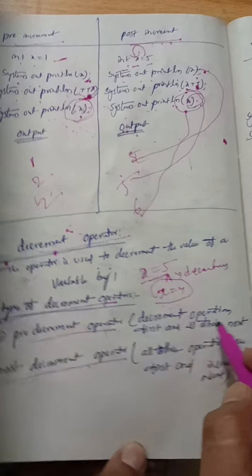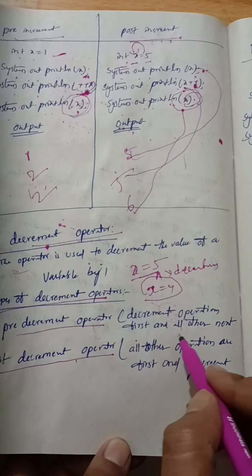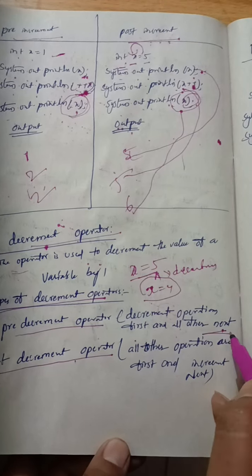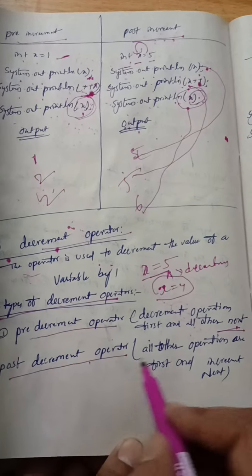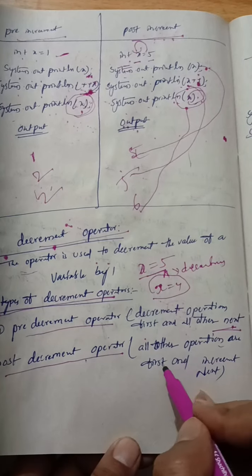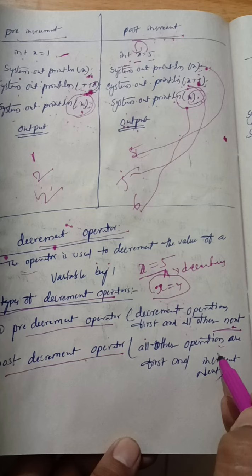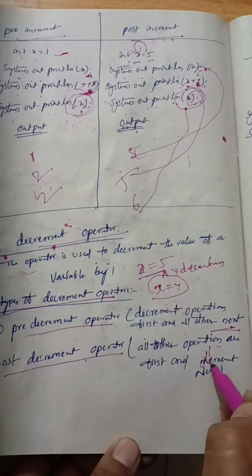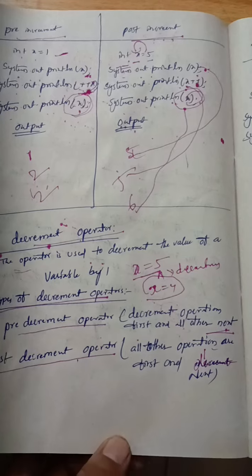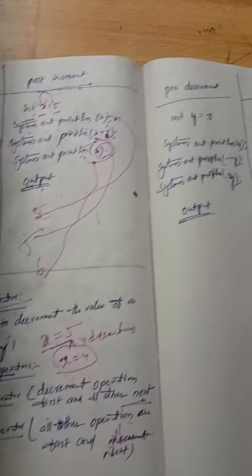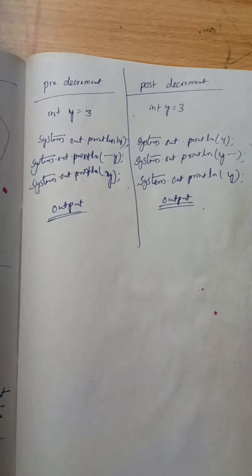In pre-decrementation, the decrement operation is first and all other operations are next. In post-decrementation, all other operations are first and the decrementation is next.